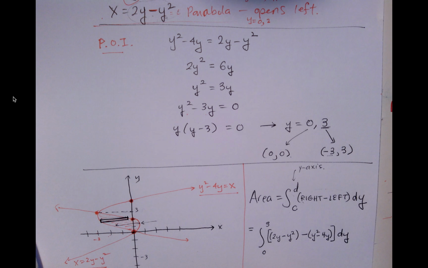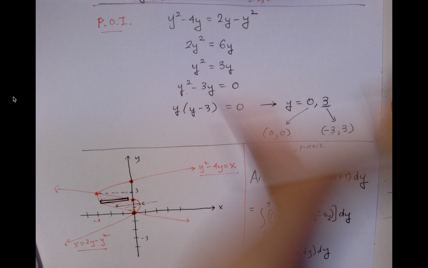So this is my integral. And if I simplify this a little, I get negative 2y squared plus 6y dy. There you go.